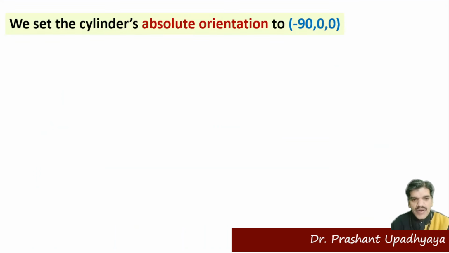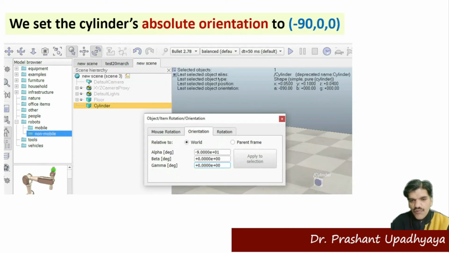Now next we have to set the cylinder's absolute orientation to -90, 0 and 0. What we want is to make it in a vertical direction. Now we have the cylinder in the horizontal direction, but in a motor or a wheel we have the wheel in a vertical direction.